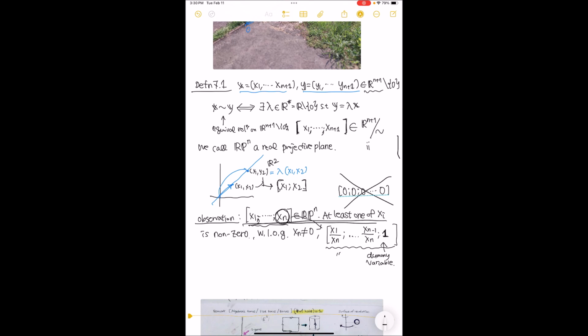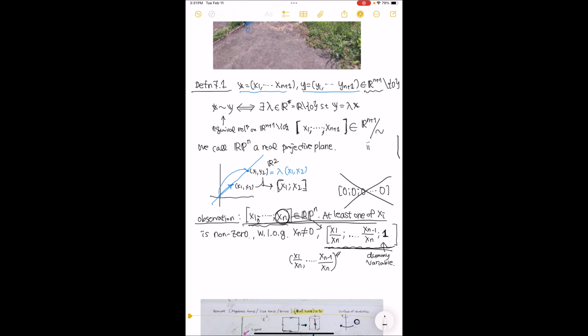So if we study algebraic geometry, the projective space is written in the affine sense like this.